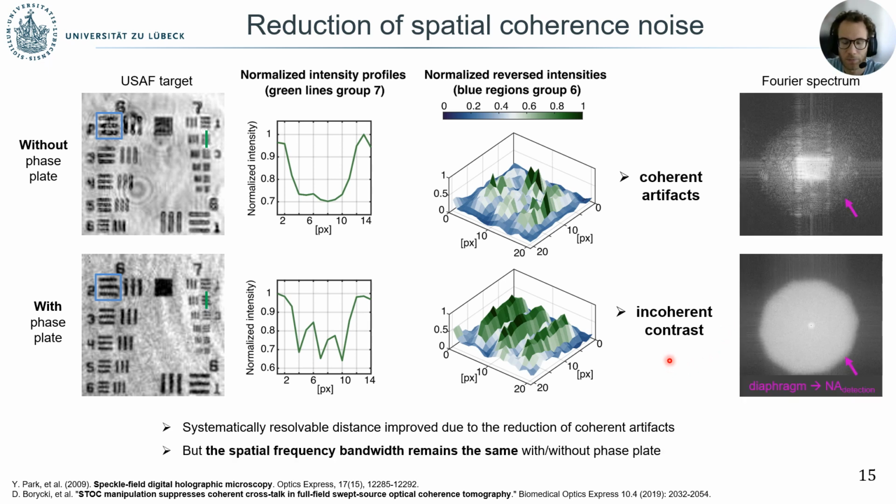And for us, it is not really an increase in resolution because the maximum optical frequency that we detect from the sample remains the same. It's more a matter of changing the contrast of the image, which for some samples can be beneficial and for others not so much.